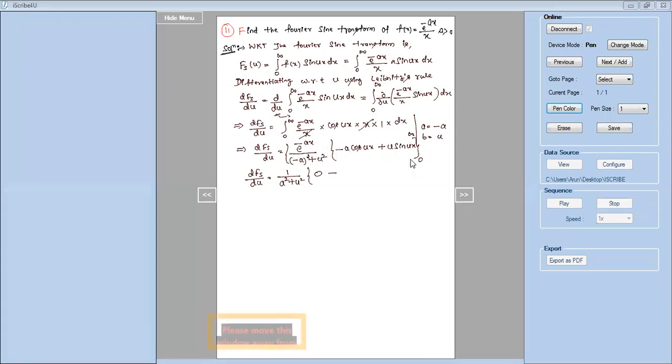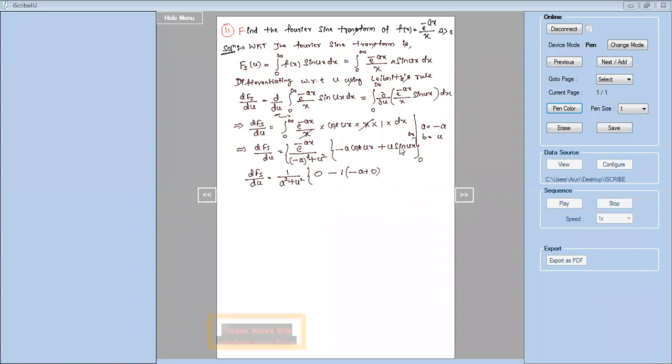Minus the lower limit: put x equal to 0. Then this term becomes e power 0, and e power 0 is 1, into cos 0, and you know cos 0 is 1. So 1 into minus a is minus a, plus sin 0, and sin 0 is 0.